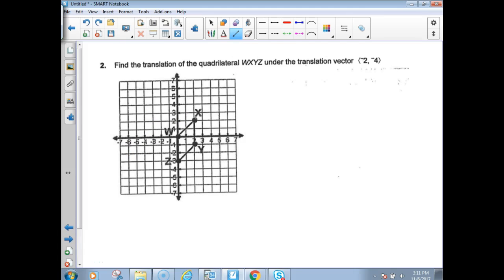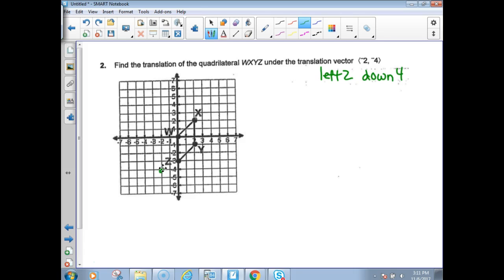All right, next one. Go ahead and translate. What would the vector -2, -4 mean to do? Dariana? What would that mean? Perfect. Yep. Left 2, down 1, 2, 3, 4.